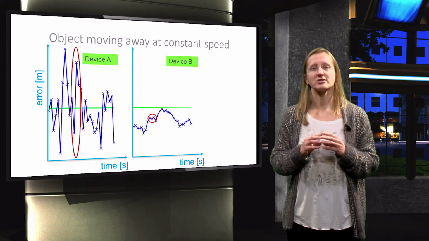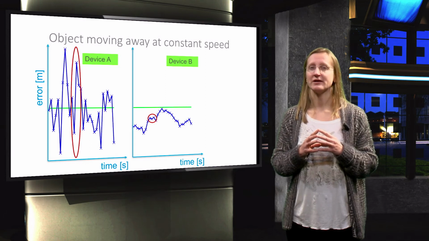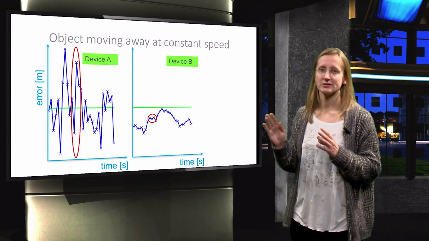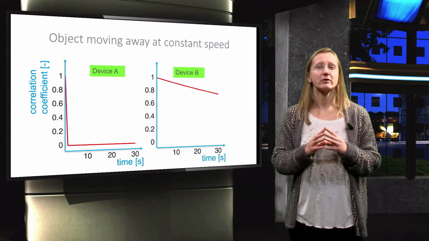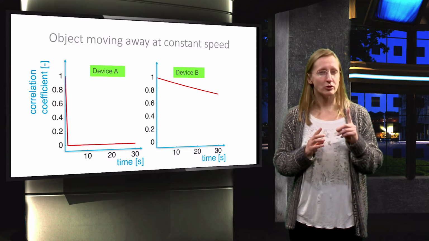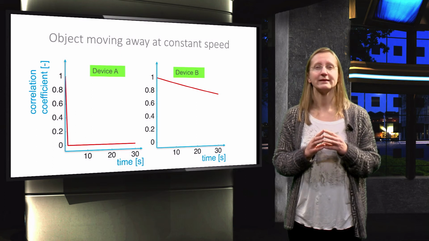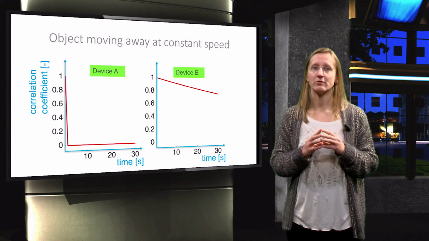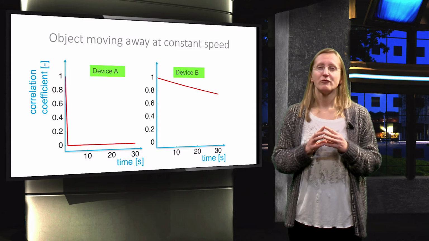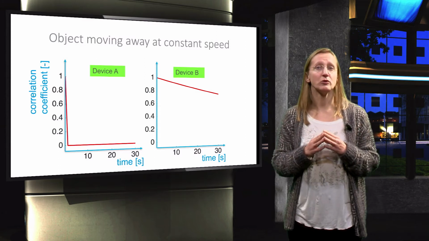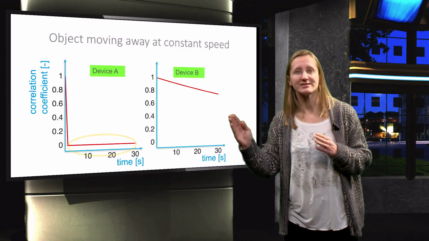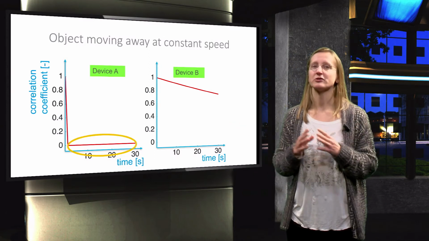The correlation as function of the time lag for both devices is shown in the following figures. Recall that a correlation coefficient close to 1 indicates a strong positive correlation. For device A, time correlation is absent, since for all time lags larger than 0, the correlation coefficient is 0.